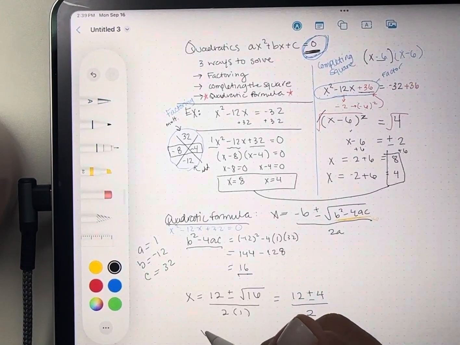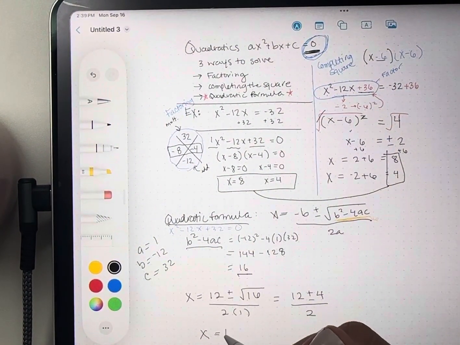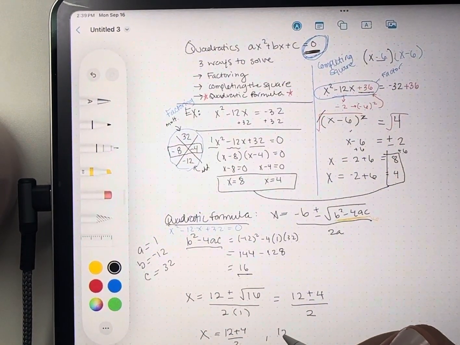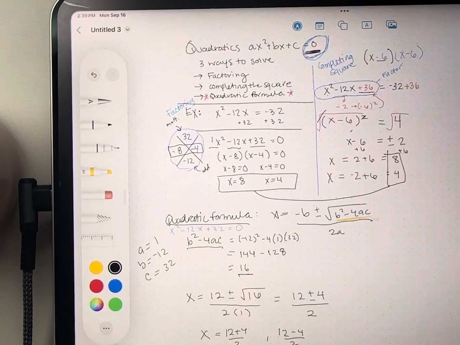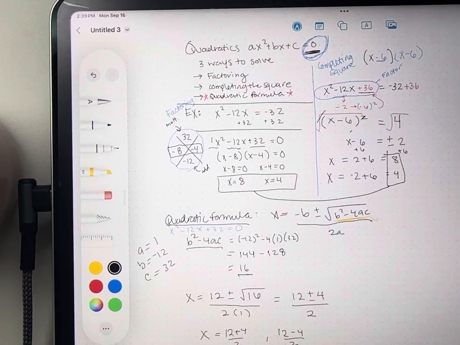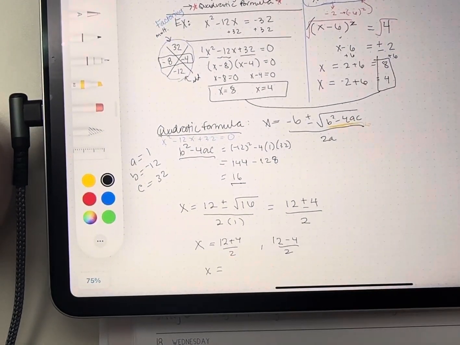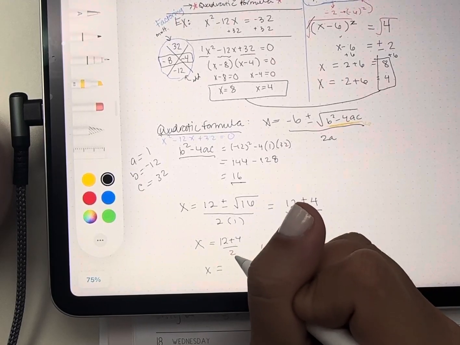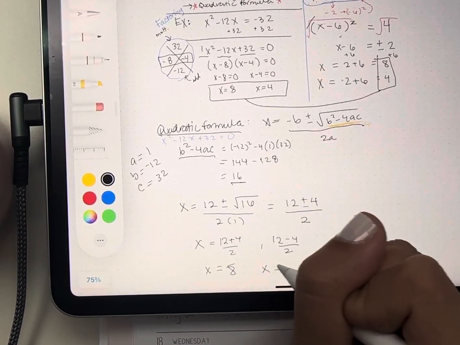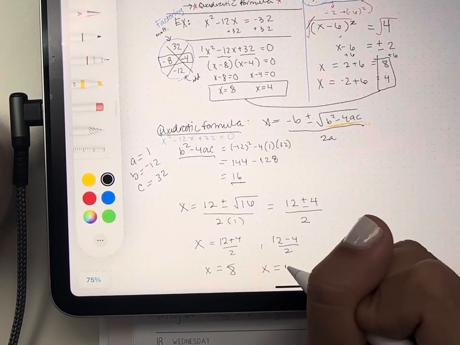Now this is 2 different problems that I have to do in 2 different steps. It's 12 plus 4 divided by 2, and it's 12 minus 4 divided by 2. 12 plus 4 is 16, divided by 2 is 8. 12 minus 4 is 8, divided by 2 is 4.